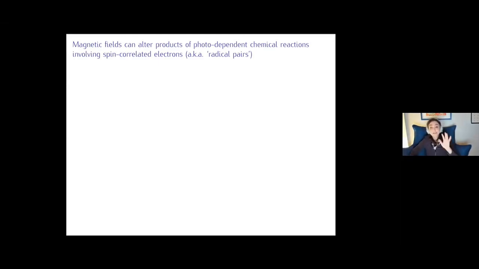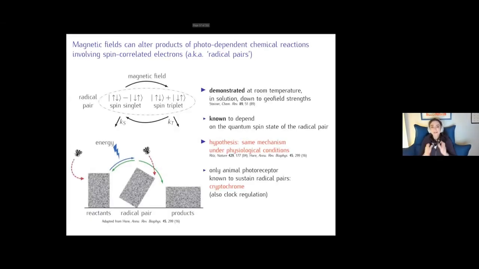Okay, so this is known in chemistry, and all the ways to explain this pass through a dependence of this process on the spins involved. There is no alternative explanation to what happens in this chemical process.